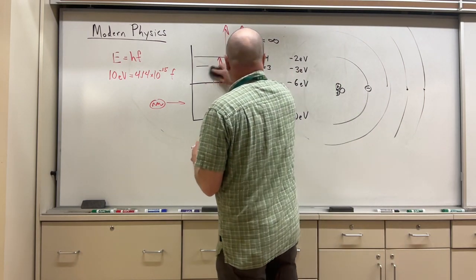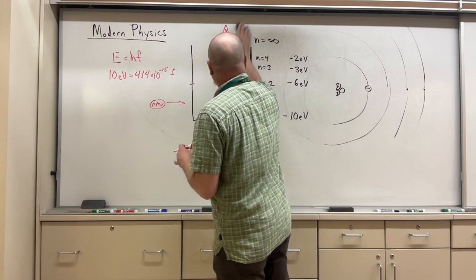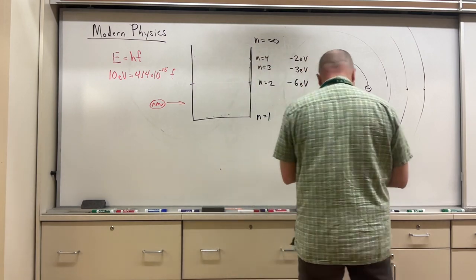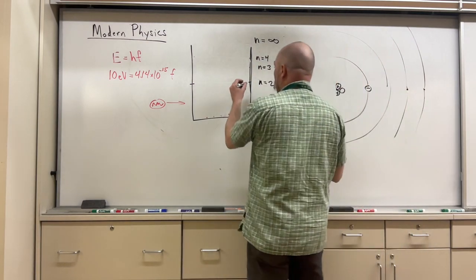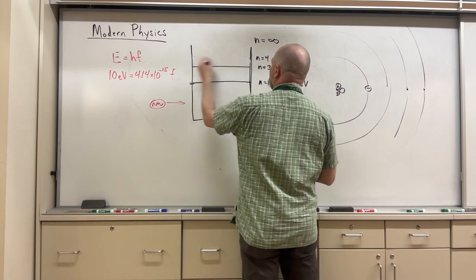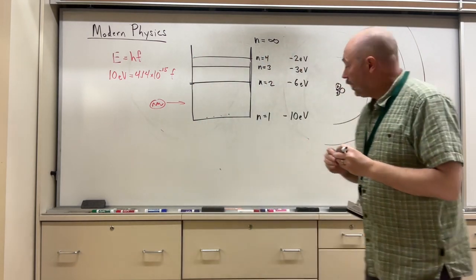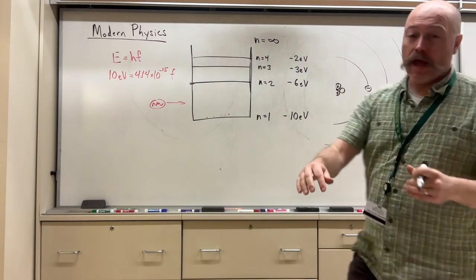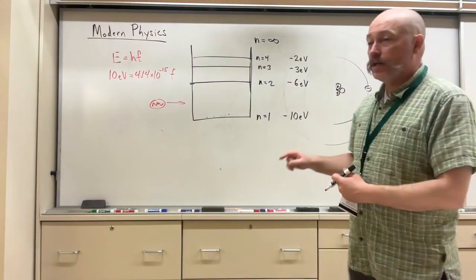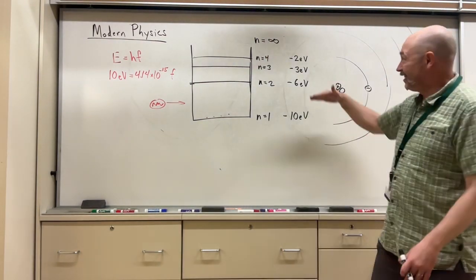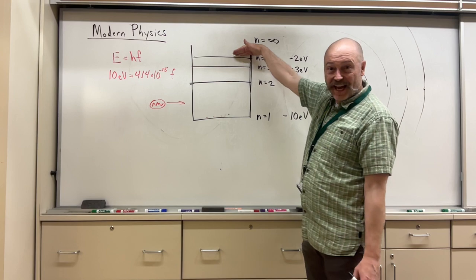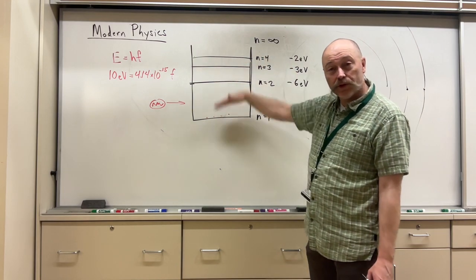Emission is going to be the opposite, okay? Meaning the electron falls down to a lower energy level. Remember, the electron wants to be closer to the nucleus, so it's going to make sense. If it has a lot of energy, it's going to try to fall down and get closer to the nucleus.